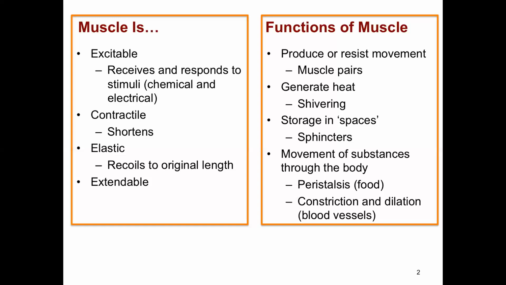And the movement of substances. Coming back to the GI tract, that would be peristalsis. But we also have the constriction and dilation of vessels, so blood vessels, but also of conduits for air, so the respiratory system, all right? We're constricting and dilating those passageways, and that is also all smooth muscle.